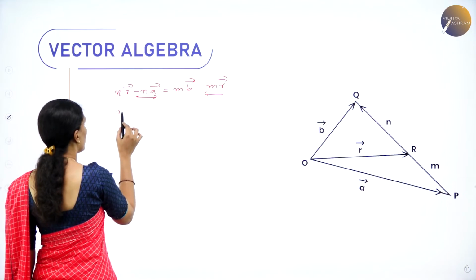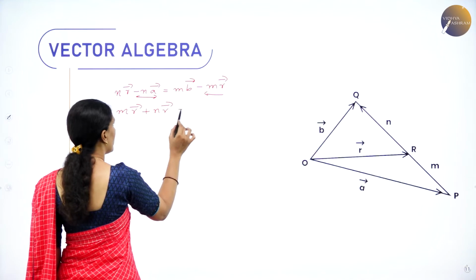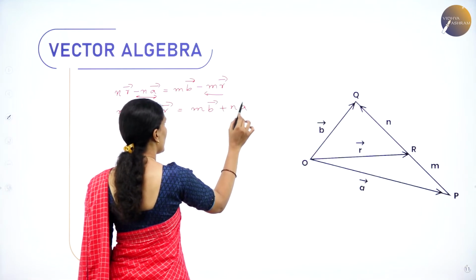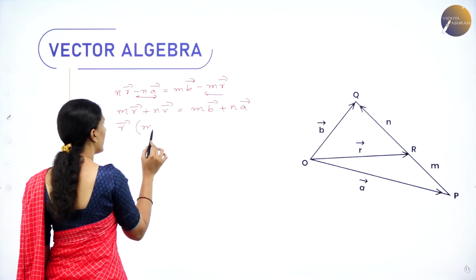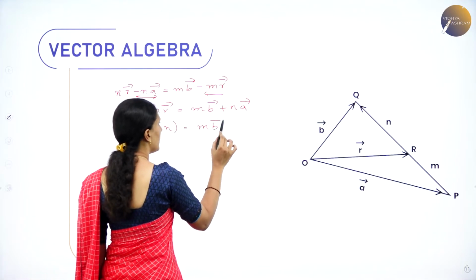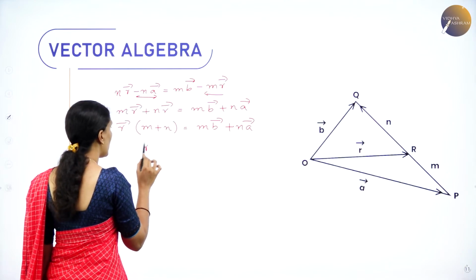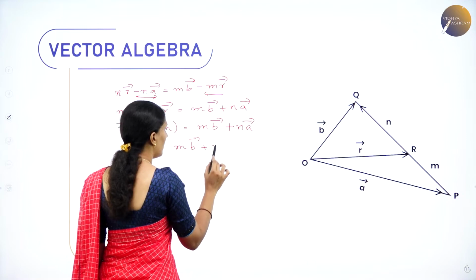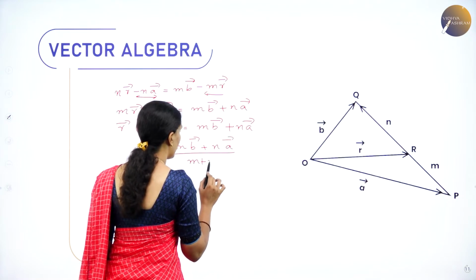Then this becomes MR plus NR is equal to MB plus NA. Let me take R as a common factor. Here I will get M plus N into R is equal to MB plus NA, or vector R is M into vector B plus N into vector A divided by M plus N.